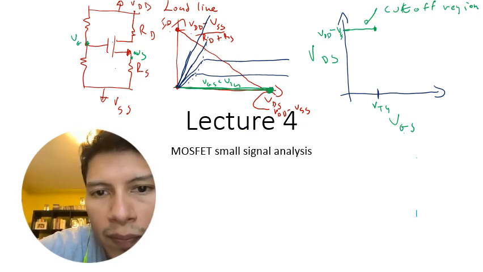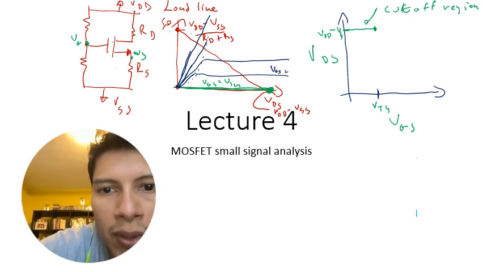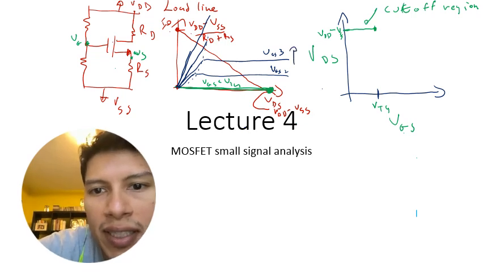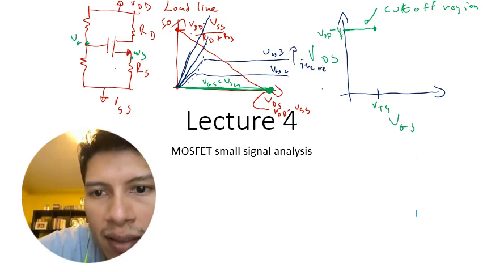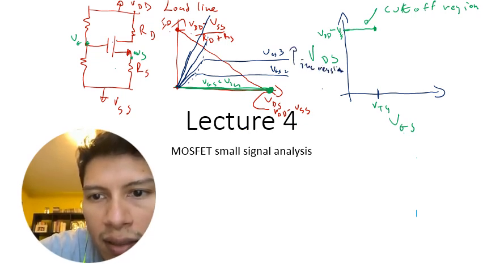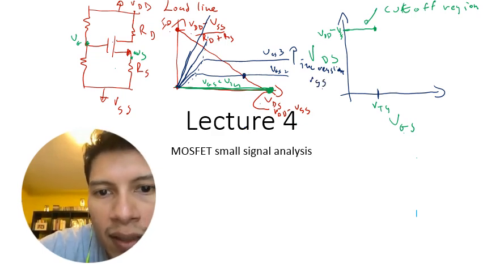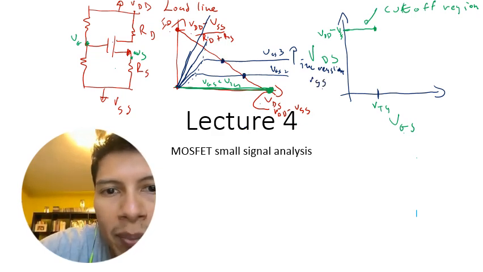So this is VGS2, and then VGS3, and as we keep increasing VGS, our operating point's VDS will decrease.